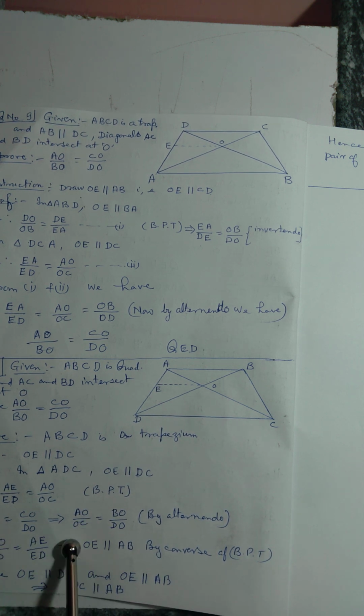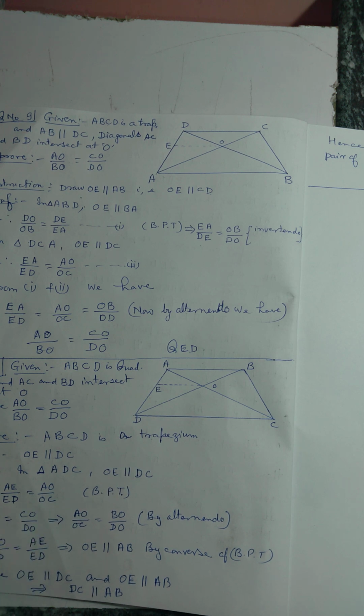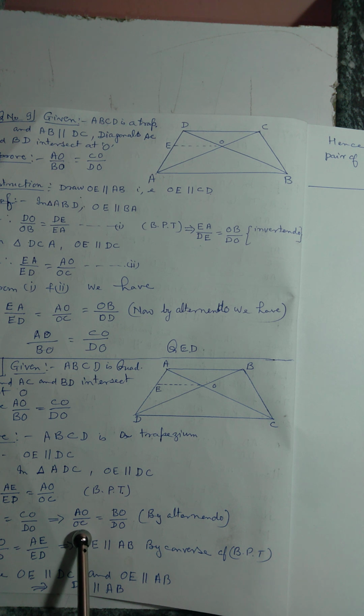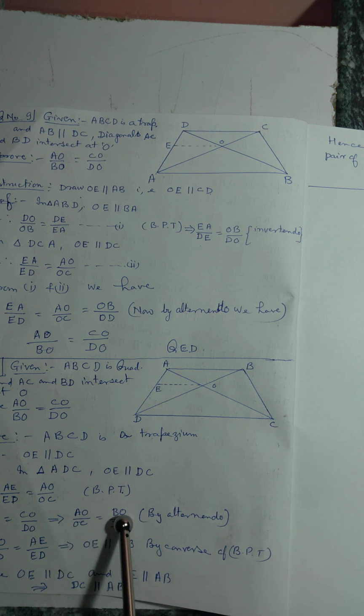You see, AO upon OC. This CO will come to this place and BO will come to this place as the numerator part. So that is known as alternando, AO by OC is equal to BO upon DO.